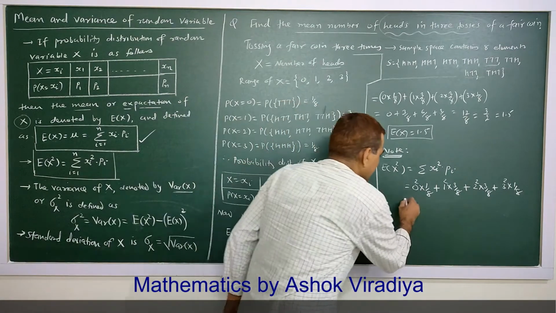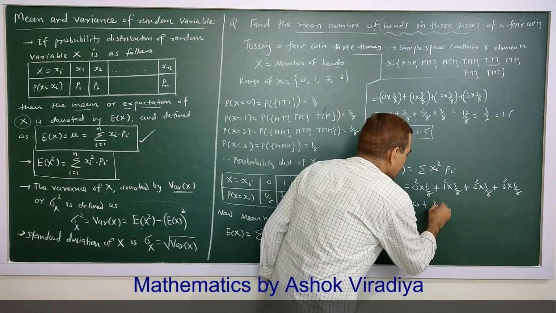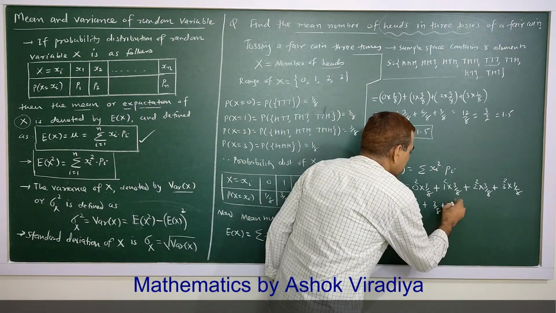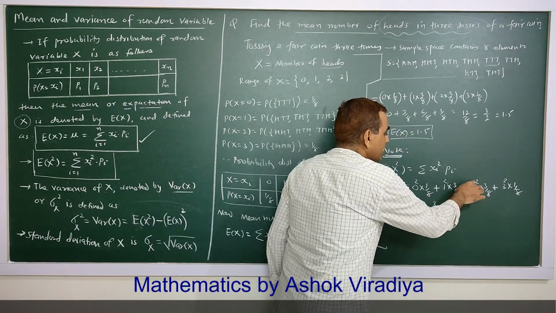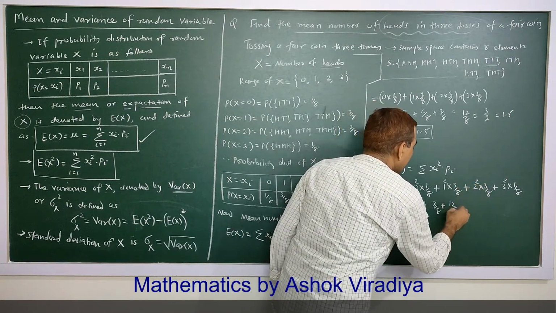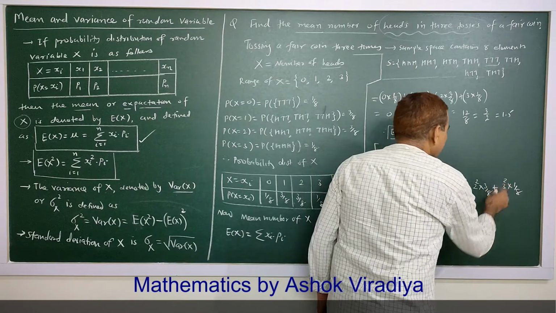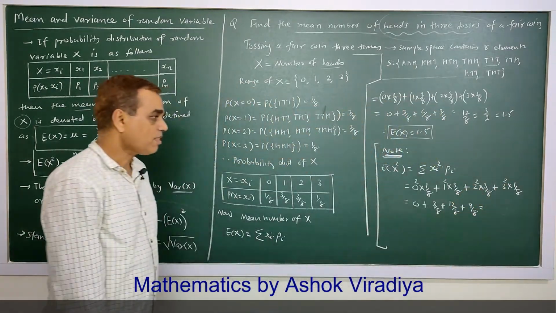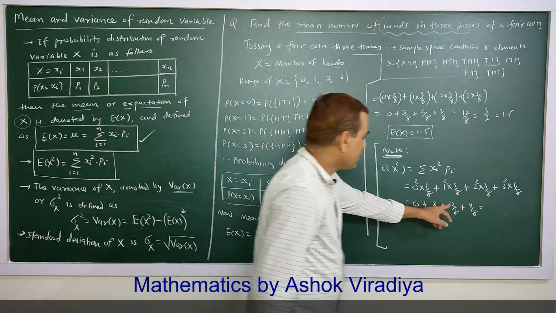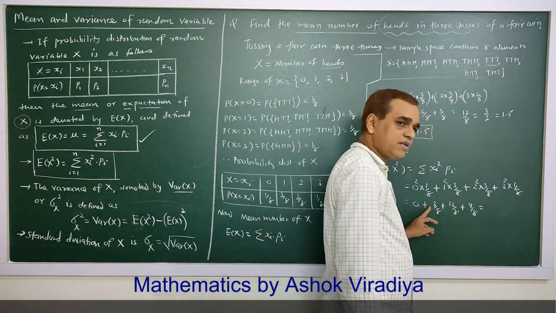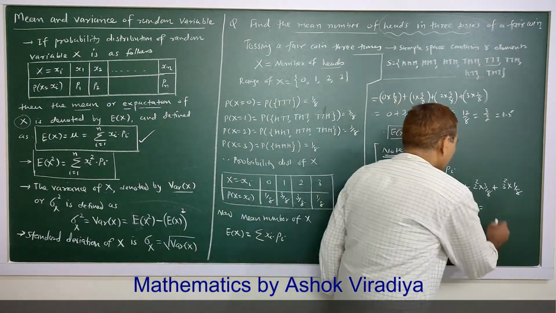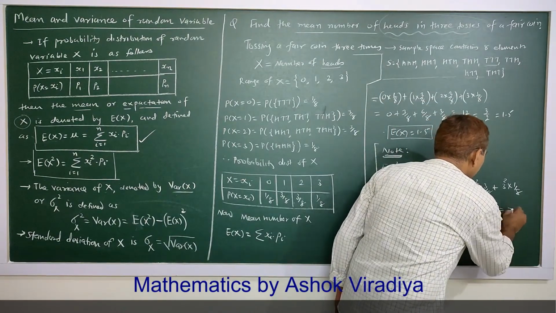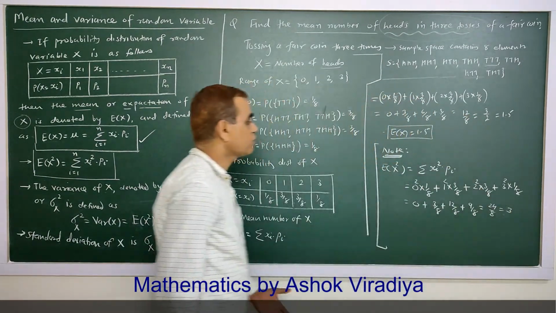So this is 0 plus 3 by 8 plus 2 square is 4, 4 into 3, 12 by 8, plus 3 square is 9, so 9 by 8. So this is equal to 12 plus 3 is 15, 15 plus 9 is 24, 24 by 8, that is 3. E of x square is 3.